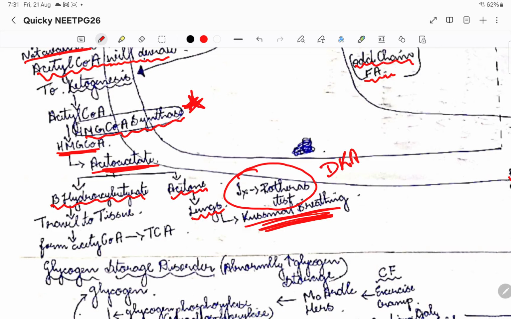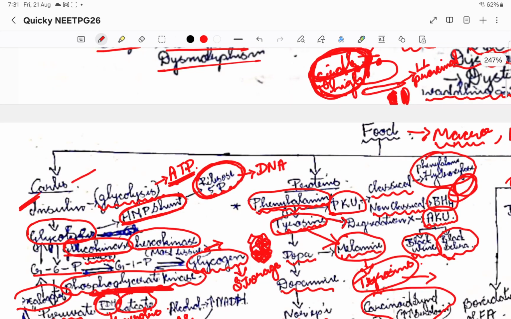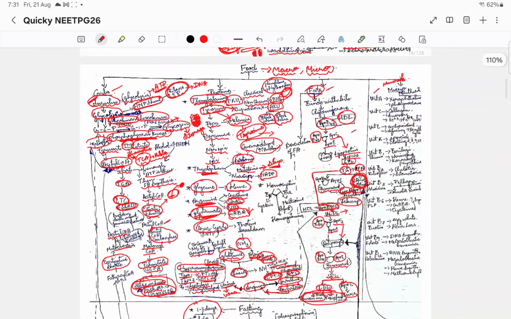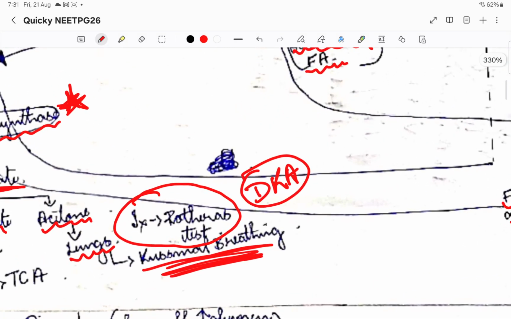DKA, diabetic ketoacidosis. What happens is the body cannot utilize glucose because insulin is what was required, right? The first thing I told you was insulin, when I started talking about carbohydrates. Insulin is what promotes glycolysis, etc. When the insulin is not there, or insulin resistance is there, the body can't utilize glucose.